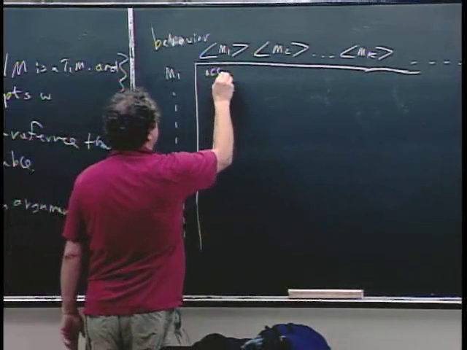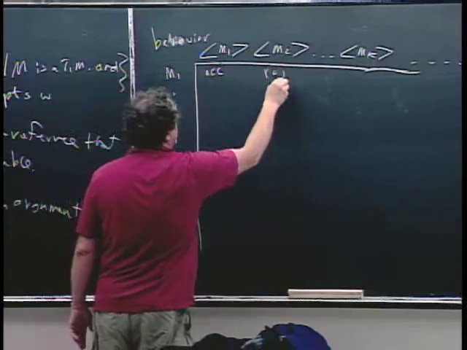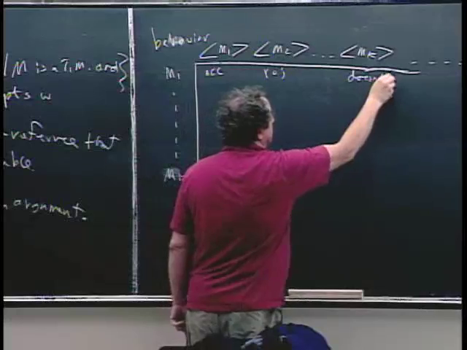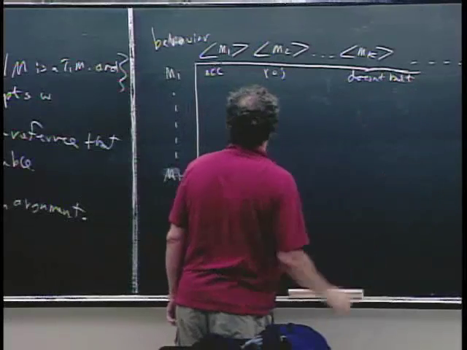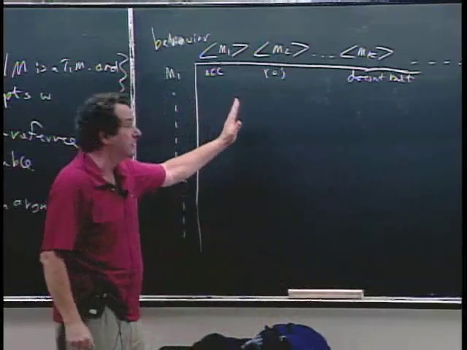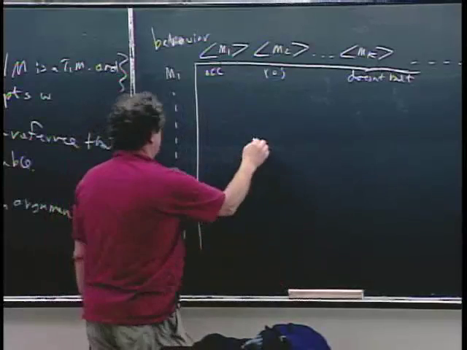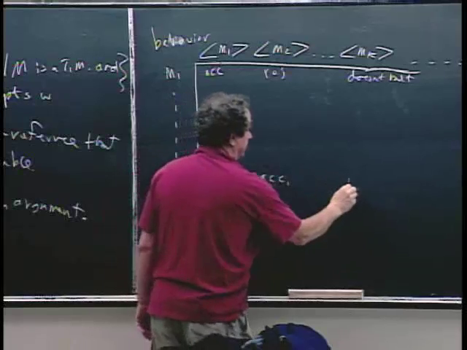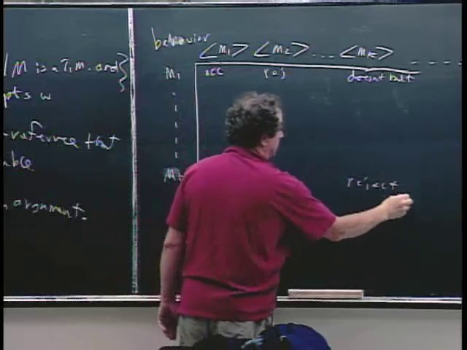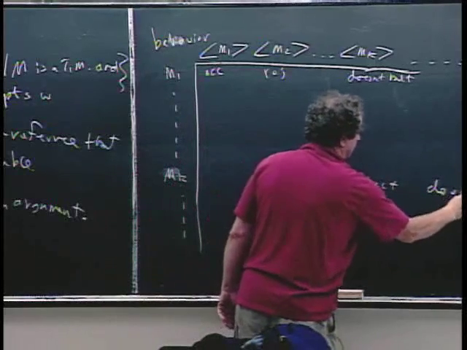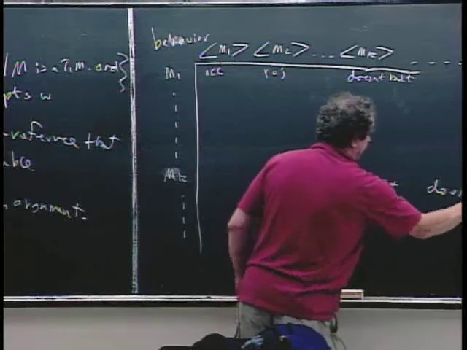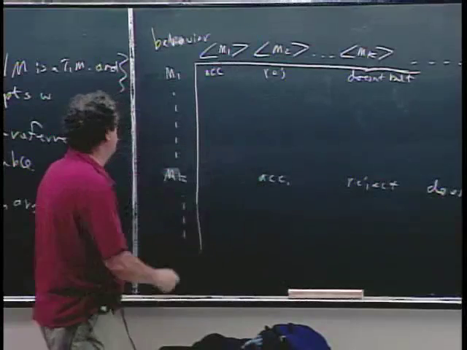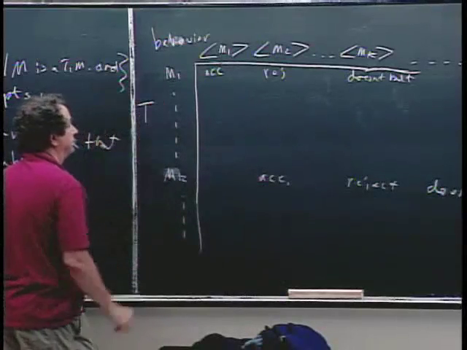So accept, maybe on M2 it rejects. On MK it doesn't halt. Okay, and so those are the three possibilities, and this table is filled out with all sorts of accepts, rejects, and doesn't halt. It's all filled out like that, right? Okay, so this is the first table, and maybe I'll call this table T.